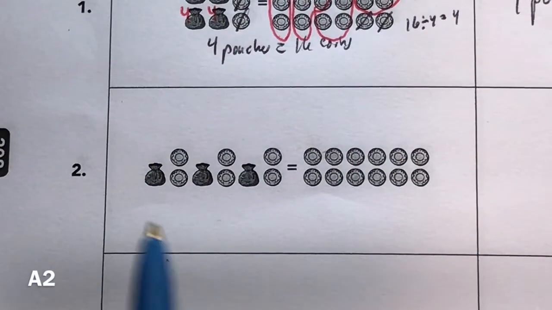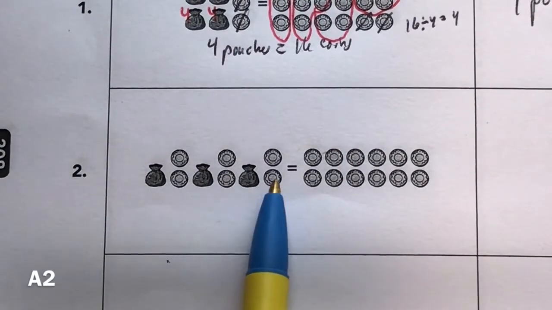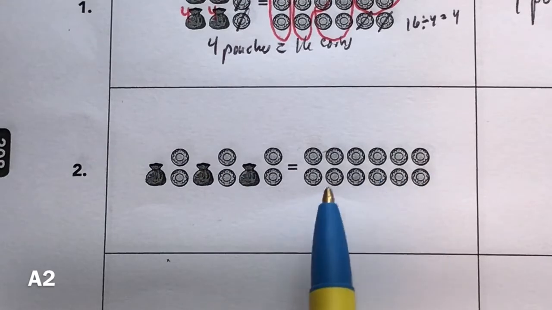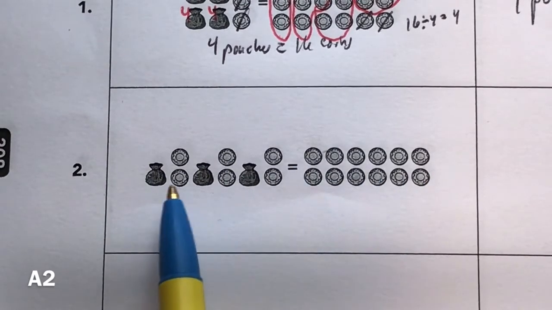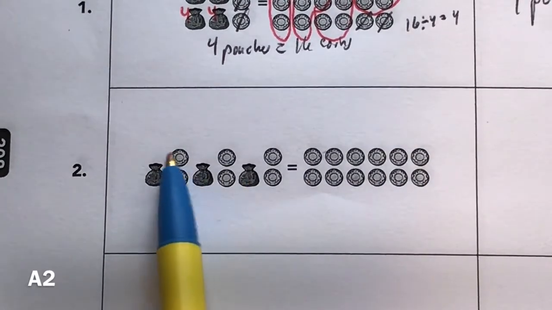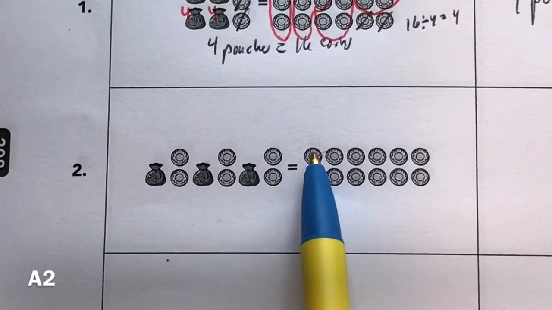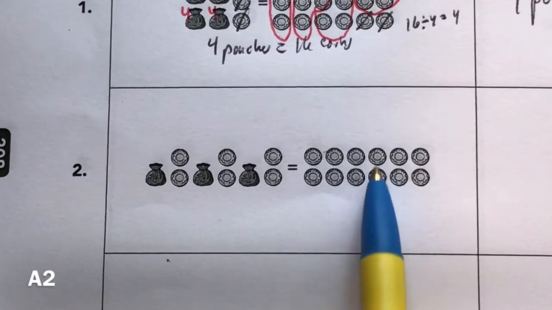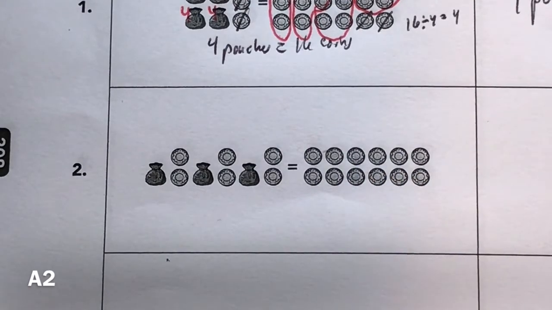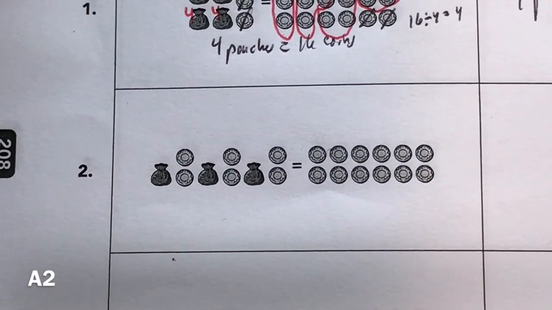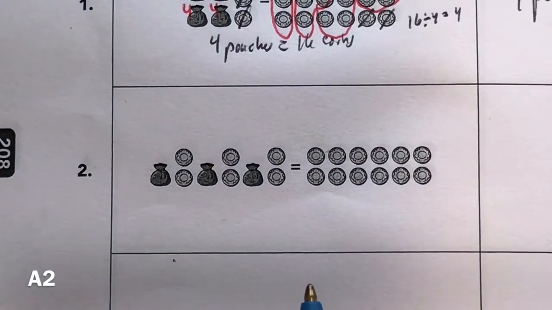All right, here we go. Number 2. So I've got a series of pouches and coins kind of mixed in there. So 3 pouches and then 6 coins. And then we're going to have 1, 2, 3, 4, 5, 6, 7, 8, 9, 10. That's going to be 12 over here. Okay, so my first move is going to be to start removing coins, right?